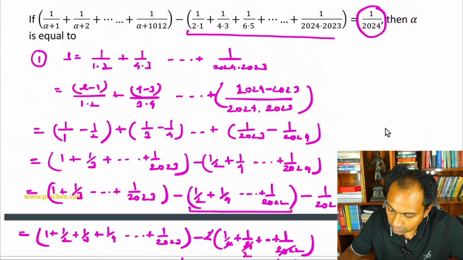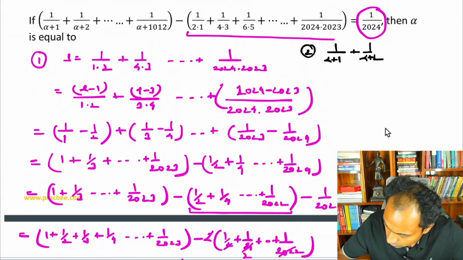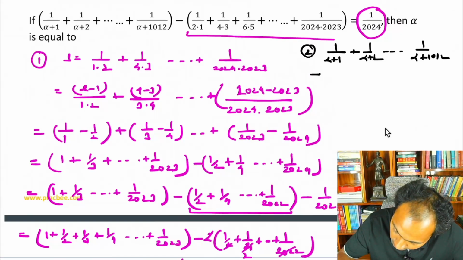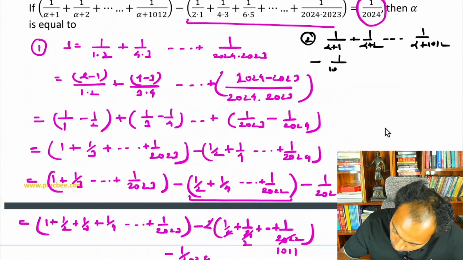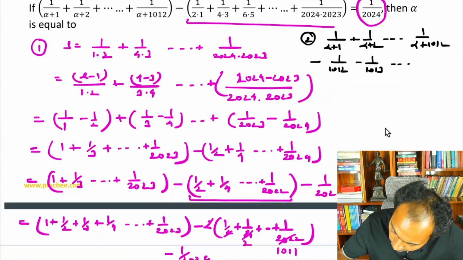Now if I subtract it from the first part, let us see what do we get. The second part, if you subtract, we have 1 upon alpha plus 1 plus 1 upon alpha plus 2 till 1 upon alpha plus 1012, and what we are subtracting is nothing but 1 upon 1012 minus 1 upon 1013, and it will go till minus 1 upon 2023 plus 1 upon 2024.